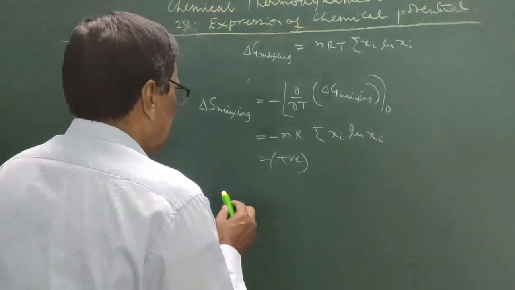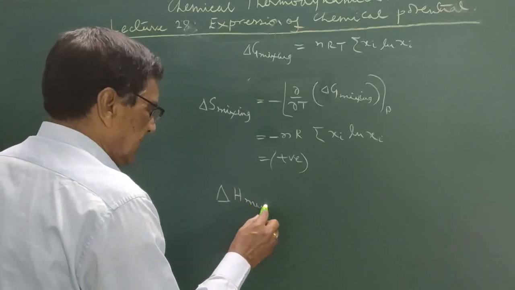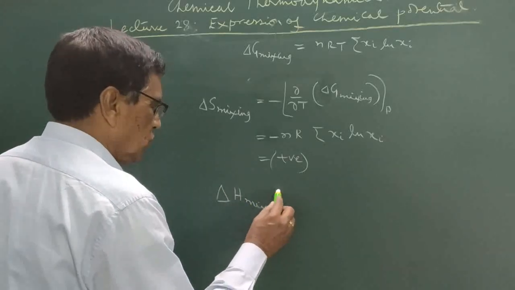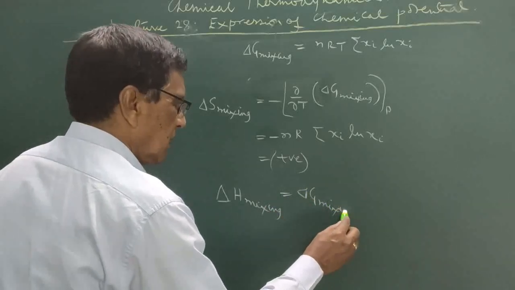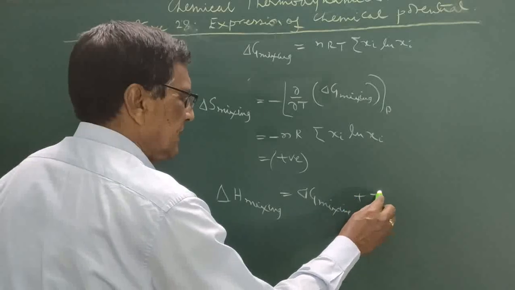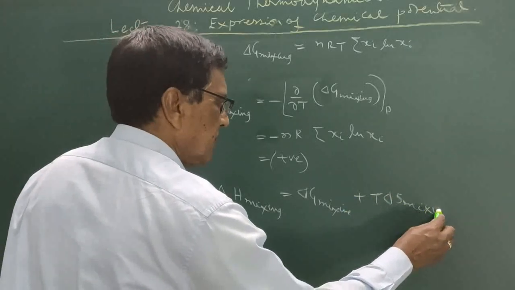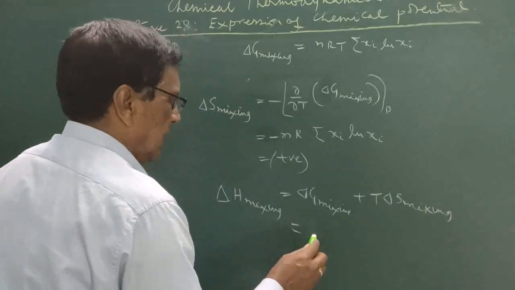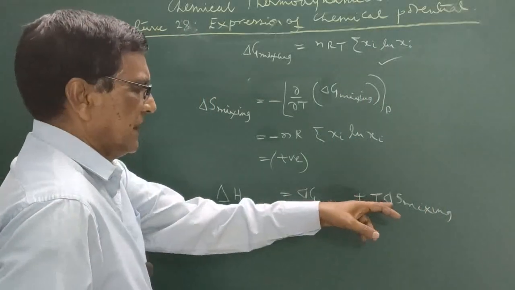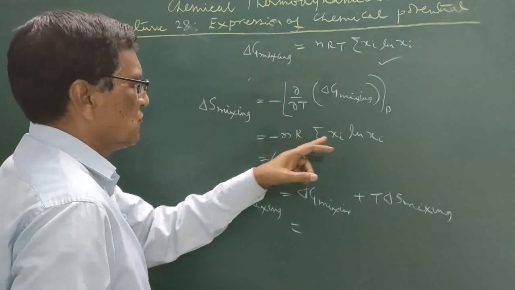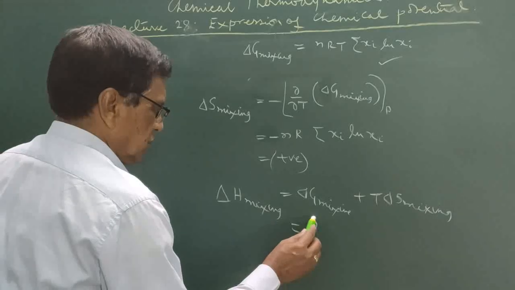And again, if we calculate delta H mixing, it equals delta G mixing plus T delta S mixing. Delta G mixing is this one and delta S mixing is this one, multiplied by T with a negative sign, so this becomes 0.